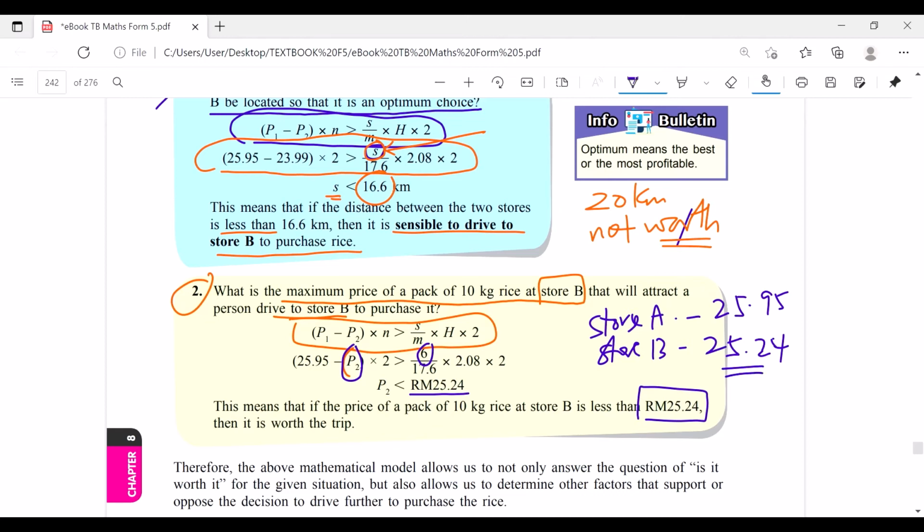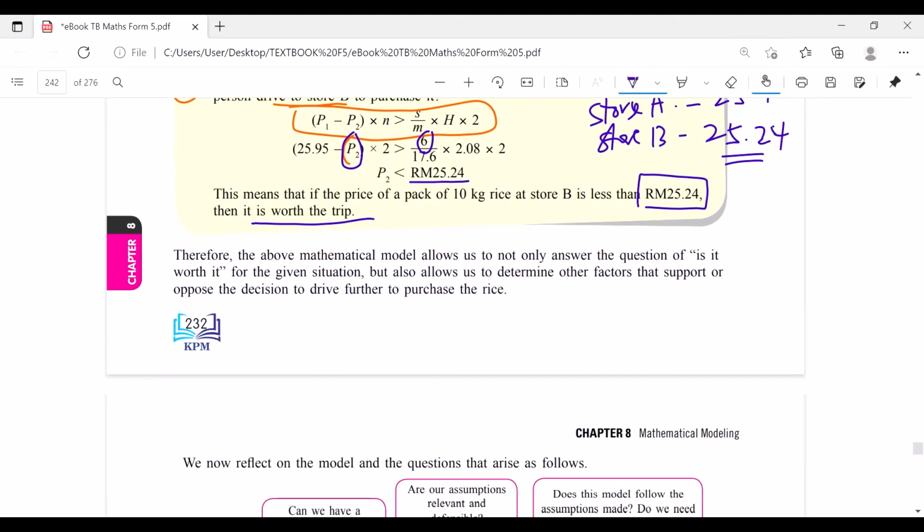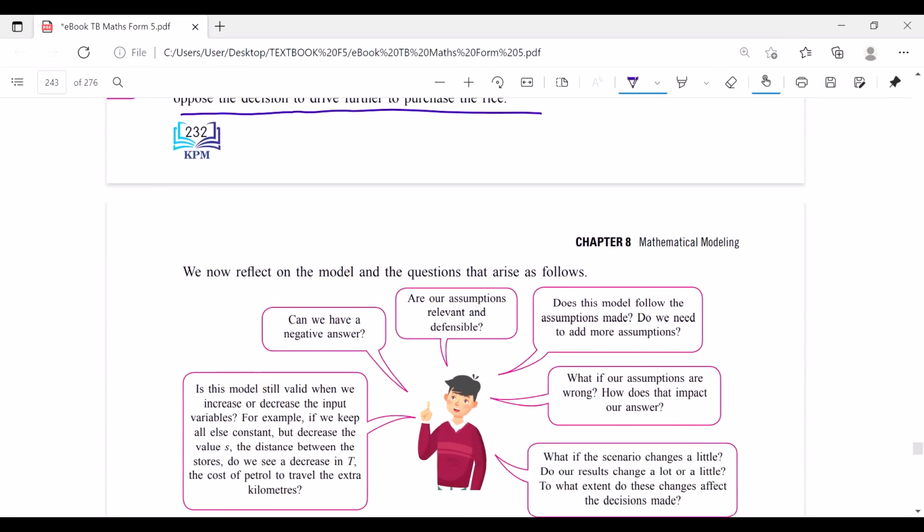Then it is worth the trip. So therefore, the above mathematical model allows us not only to answer the question of whether it is worth it for the given situation, but also allows us to determine other factors that support or oppose the decision for you to try further to purchase the rice.